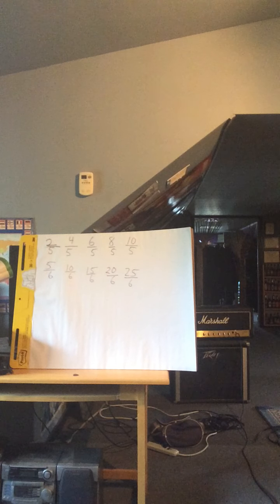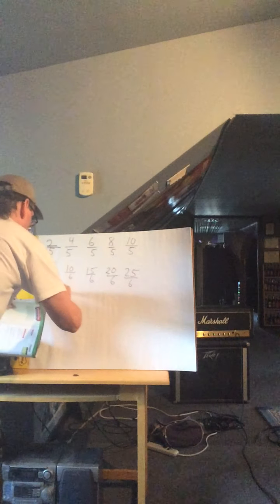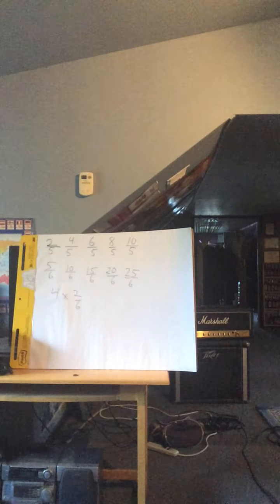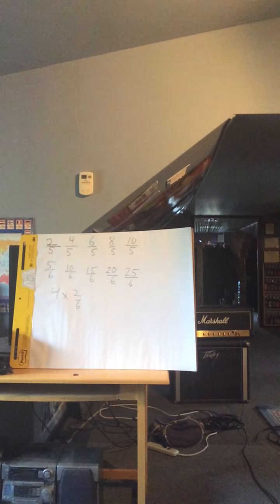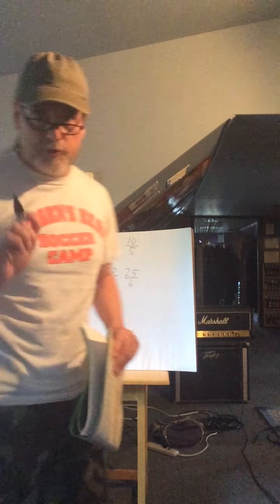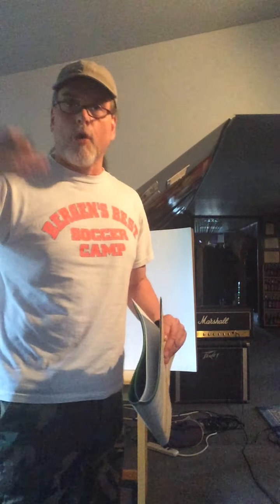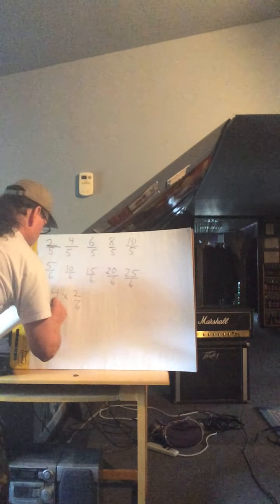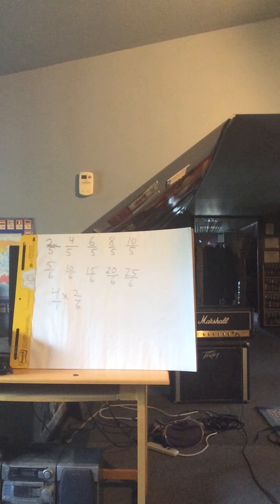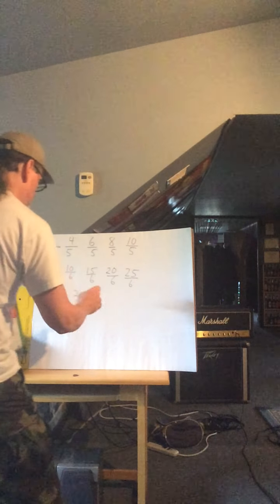So if we have 4 times 2/6, basically what you're going to do is see that as 4 times 2, because remember, we can always write a whole number as the number over a 1 to make it look like a fraction. So if you do that, you end up with 8 times 1/6 or 8/6.